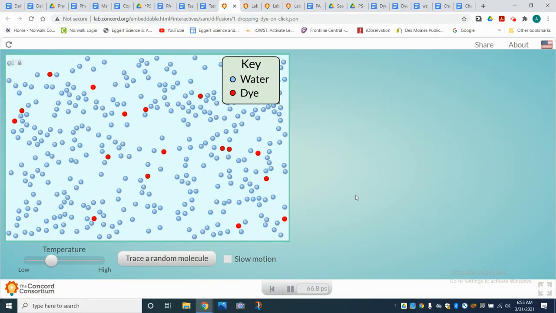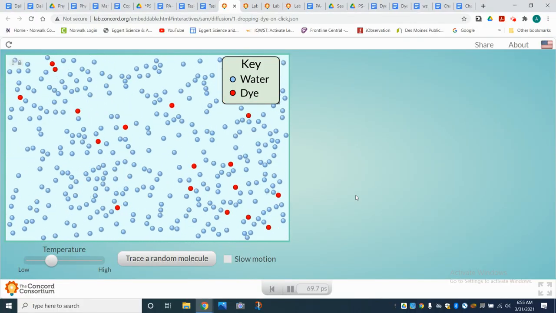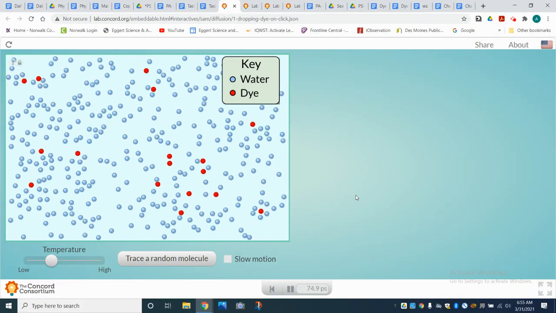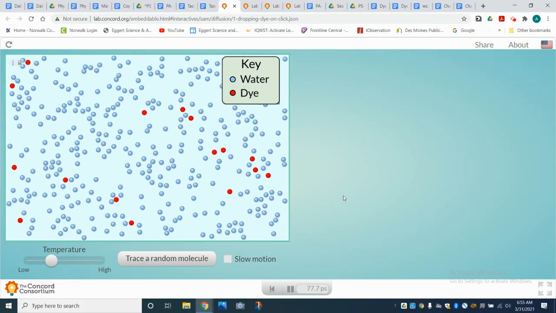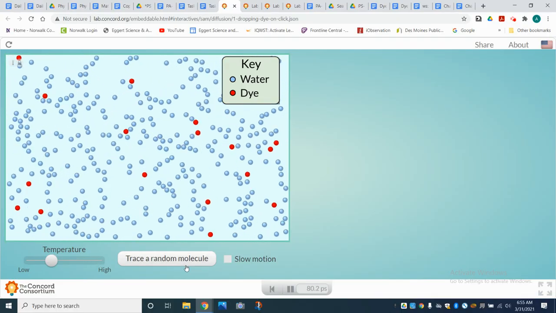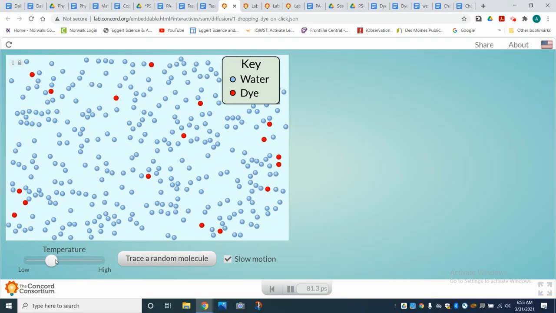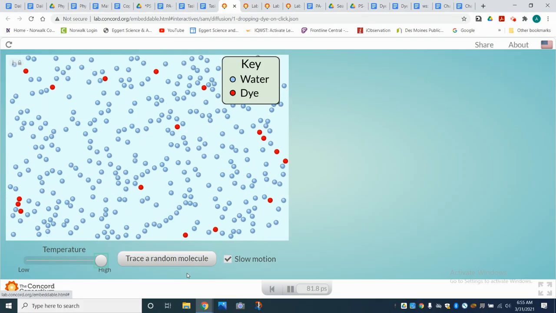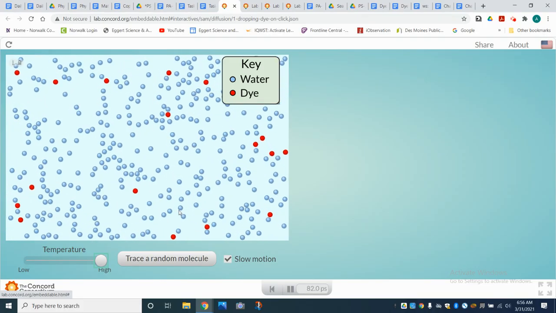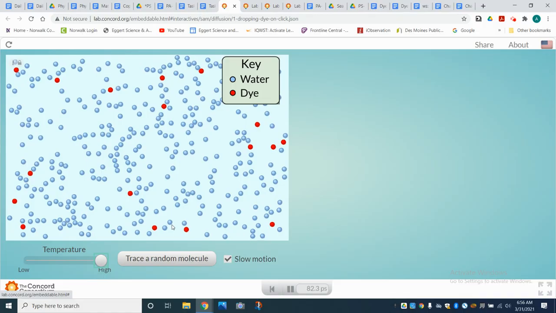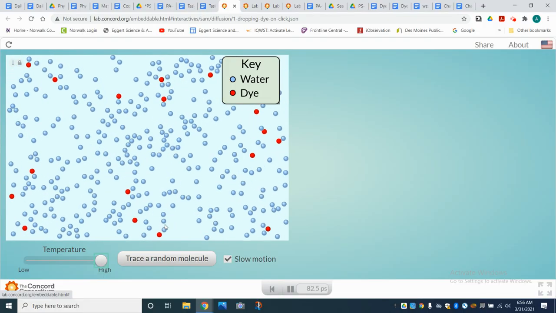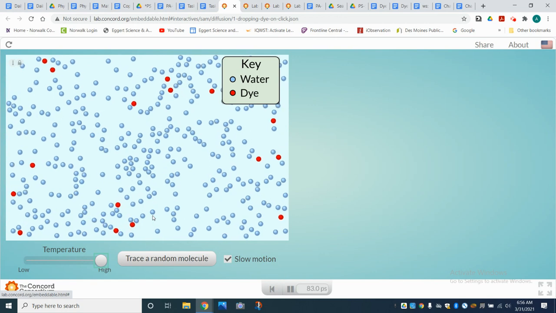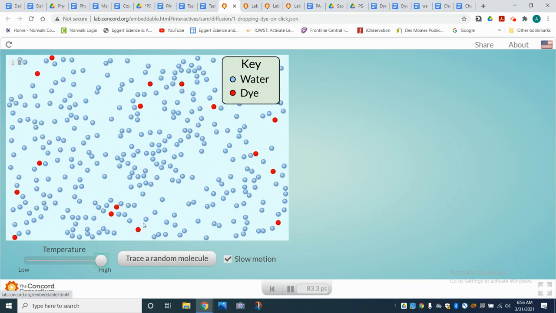On number 2, I want you to observe two particles colliding. What happens to the speeds of the particles after they collide with each other? I'm going to use slow motion on this to show the before and after. So focus on one particle. If you watch these particles around my cursor, what do you notice happens with the speed before and after collisions?